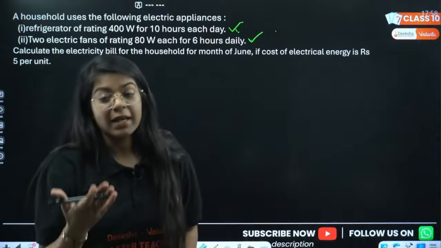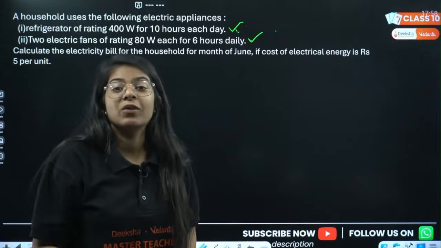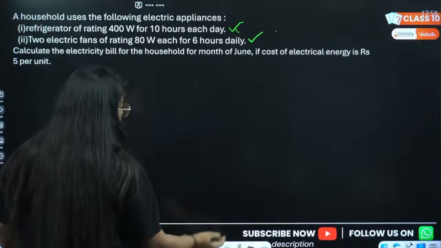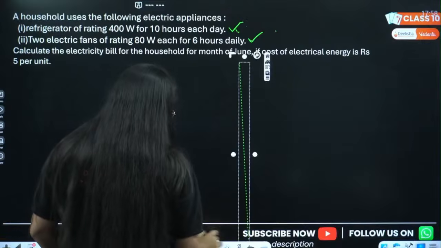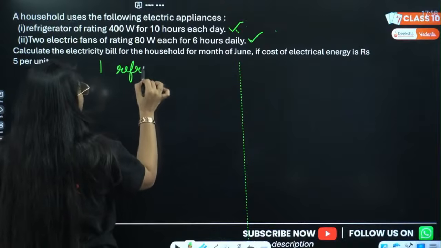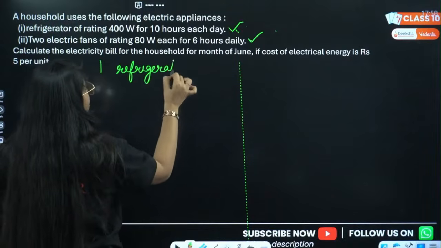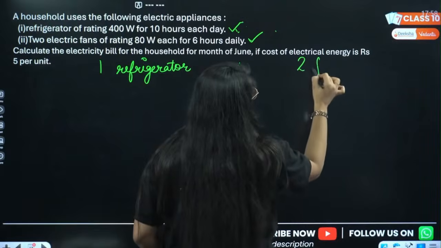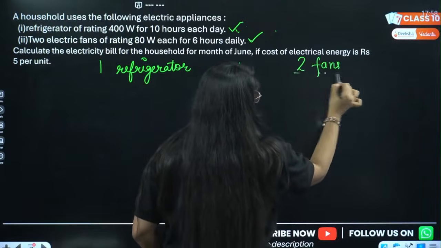Now to calculate the electricity bill, we need to calculate electrical energy first. So we have 2 appliances. We have one refrigerator and we have 2 electric fans.